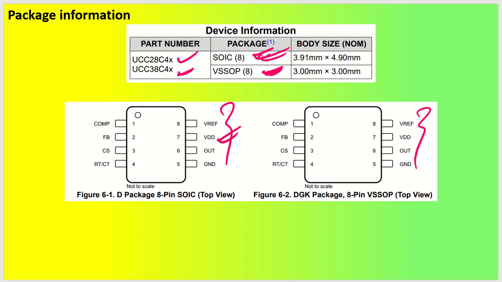We have the VDD pin, which is my power supply pin, and the output pin, which drives the gate of the MOSFET, and this is my ground pin. One of the things that can be used as an enable pin is the compensation pin. So the compensation pin can be used as an enable disable pin at the same time.